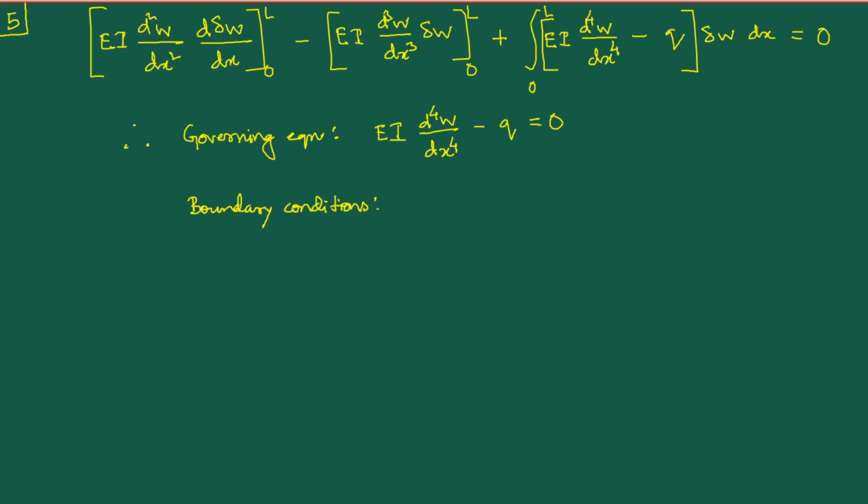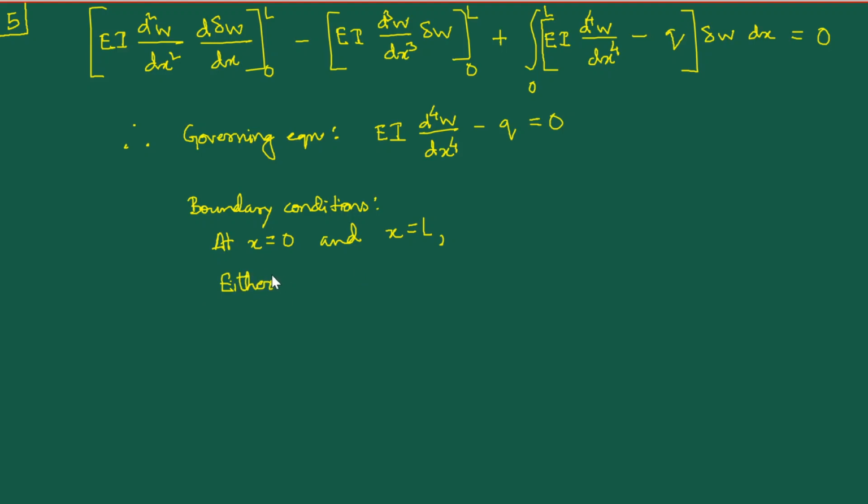So what we say is that we consider this term first, and then we consider this term second. So what we're going to say is that at x equal to 0 and x equal to L, you must be very careful in writing this thing properly.